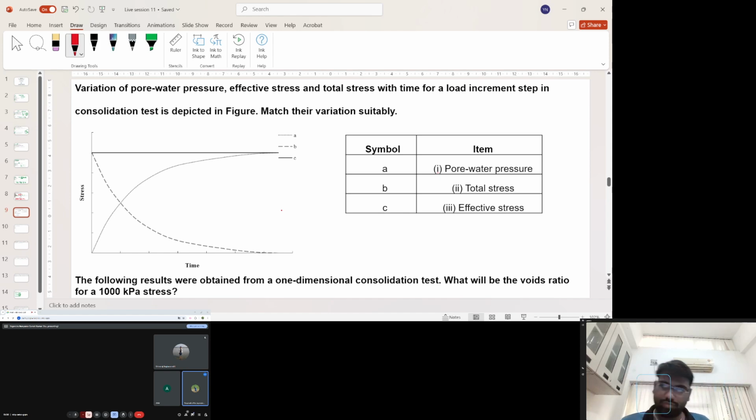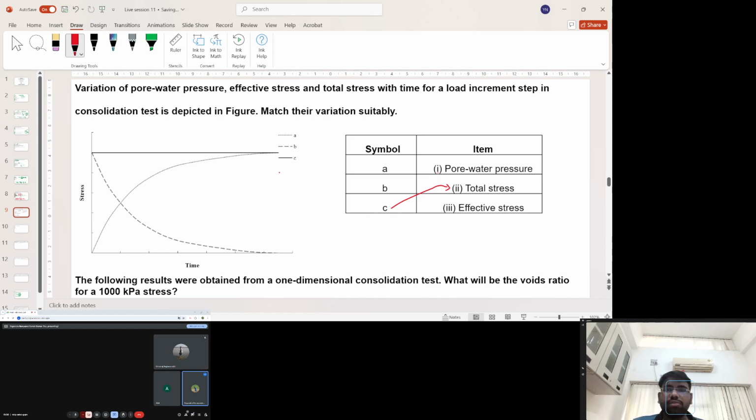C is for total stress, sir. C is a solid line. Obviously total stress will not change during the entire process. So C is for total stress. And B is for excess pore pressure.